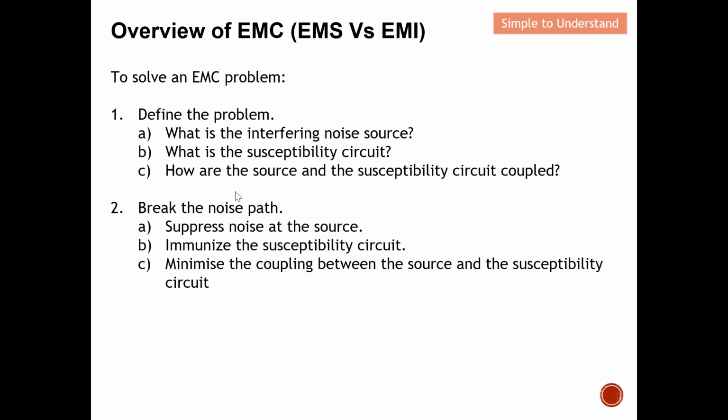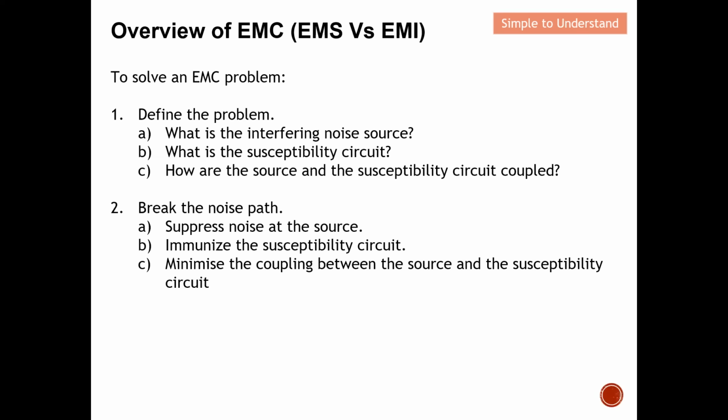So how can we actually break the noise path? How can we break the coupling? For example, we can suppress the noise at the source. This is ideal, because if you can suppress the noise at the source, then you resolve all the issues of EMC. However, this is always very challenging. To suppress all the noise is quite difficult. So most of the time, we trace the path from the noise source to the victim.